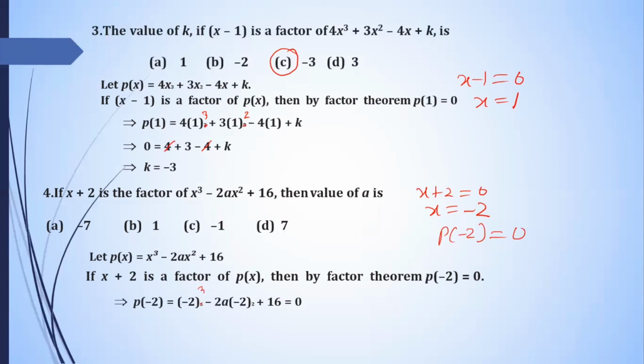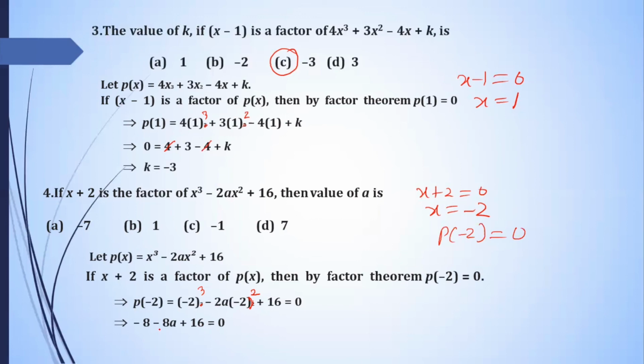So we find p of minus 2. Minus 2 cube minus 2a into minus 2 square plus 16. Minus 2 cube is minus 8. Minus 2 square is positive 4, but positive 4 multiplied by minus 2 gives minus 8a, plus 16 is equal to 0. So you get minus 8 plus 16 is 8.